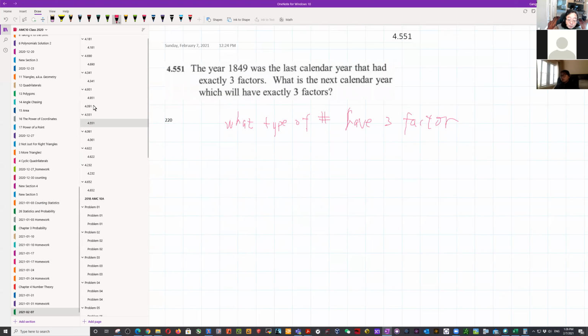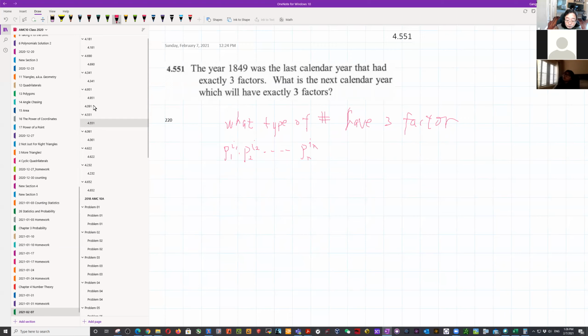We know the number of factors of any integer is determined by, let's review the fundamental theorem of arithmetic. It's going to be repeated again and again. Prime 1 to the I1, multiplied by prime 2 to the I2, and so on, all the way to prime N to the IN.